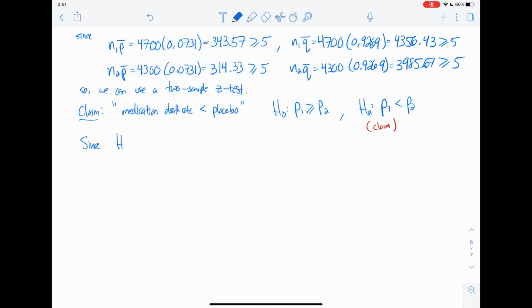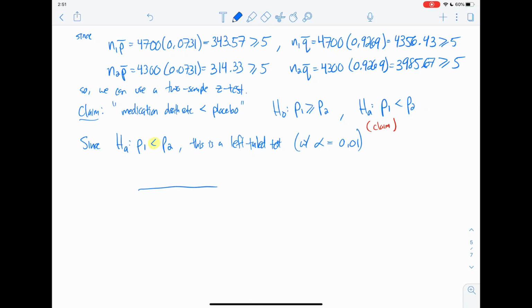Since the alternate hypothesis is written as P1 is less than P2, specifically it contains that less than symbol, we observe that this is a left-tailed test with alpha, the level of significance, 0.01.